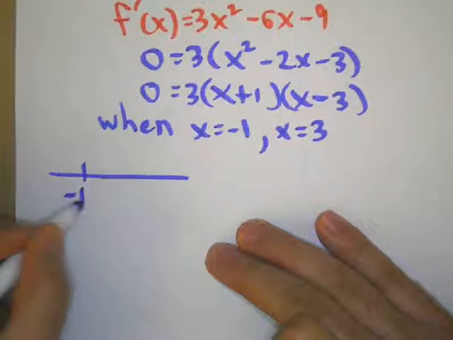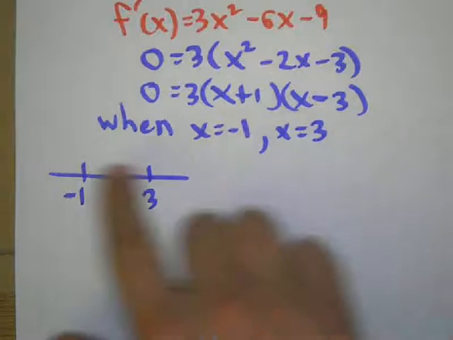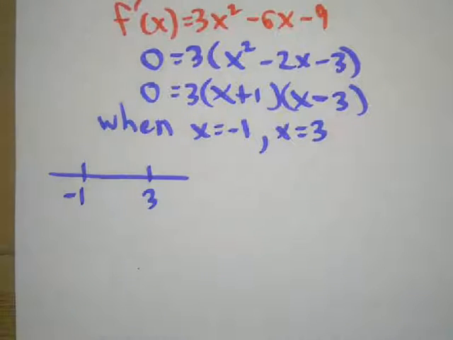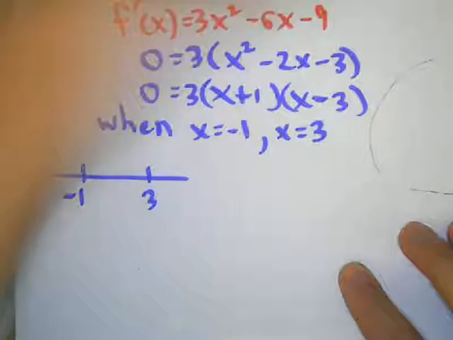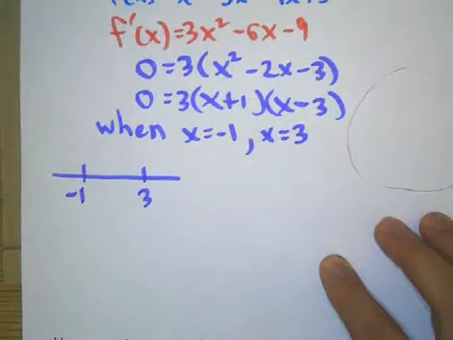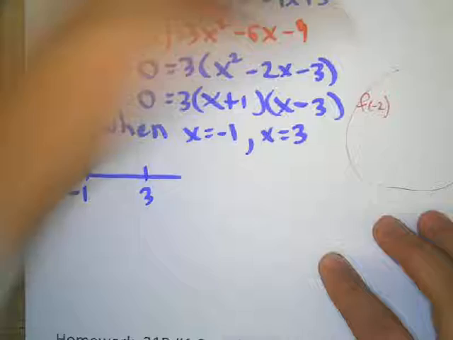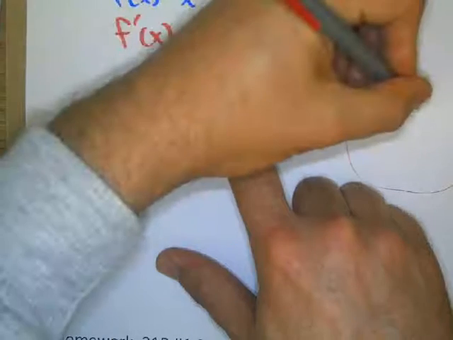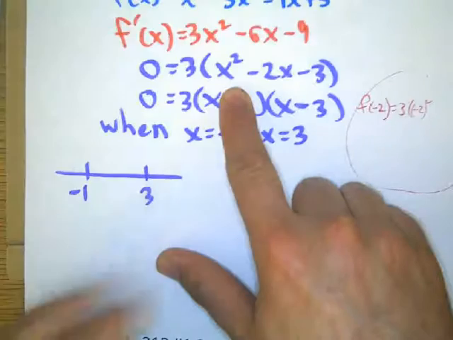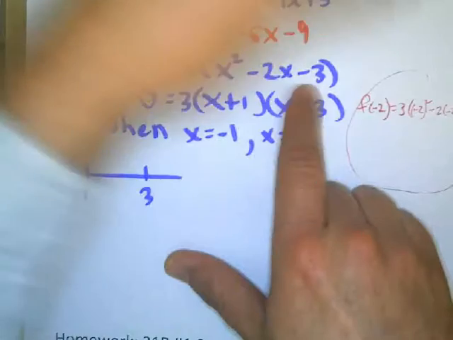Negative 1, 3. Okay, if I plug in numbers less than negative 1, let's just do that right now. What's smaller than negative 1? How about negative 2? If I plug in negative 2 into this function, then I'm going to have 3 times negative 2 squared minus 2 times negative 2 minus 3.